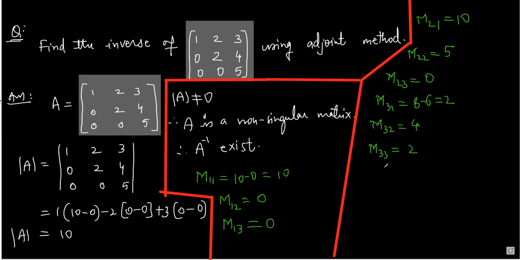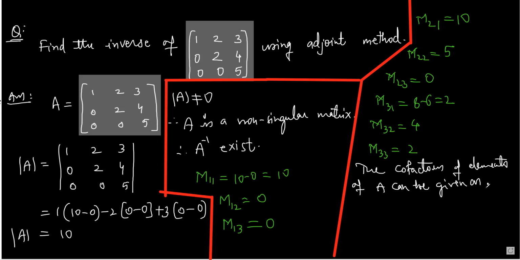Now you go for the cofactor. The cofactors of elements of A can be given as, see here, C11.